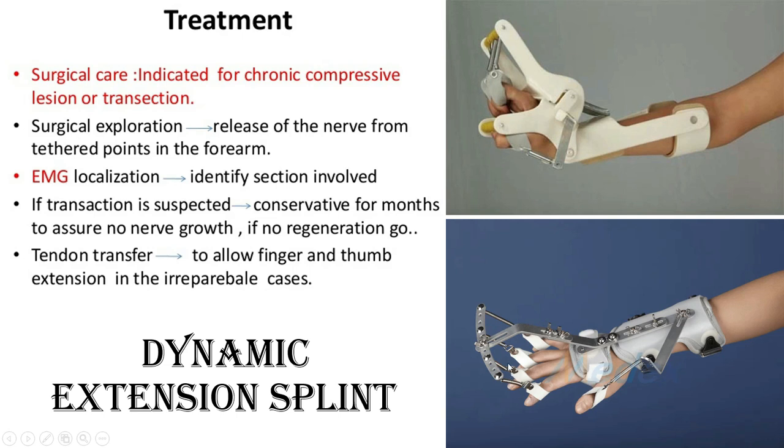This splint helps to restore the normal extension position of the wrist and fingers. Now the patient can do flexion of all the fingers, along with flexion of the wrist, which helps to prevent overstretching or over-lengthening of the innervated muscle, and it also helps to maintain the mobility of all the small joints along with the wrist.